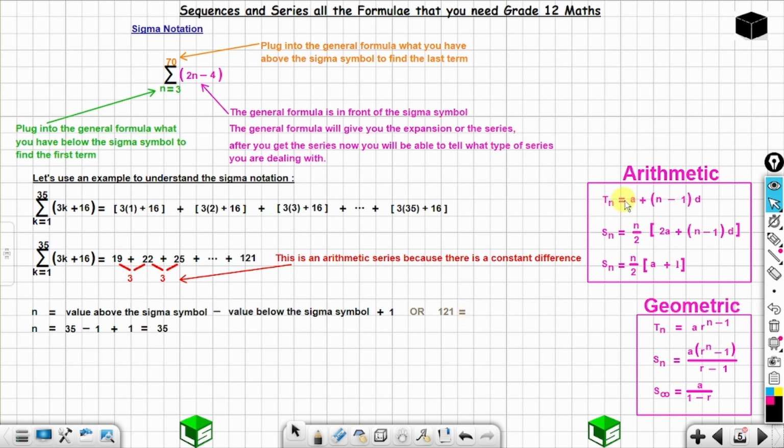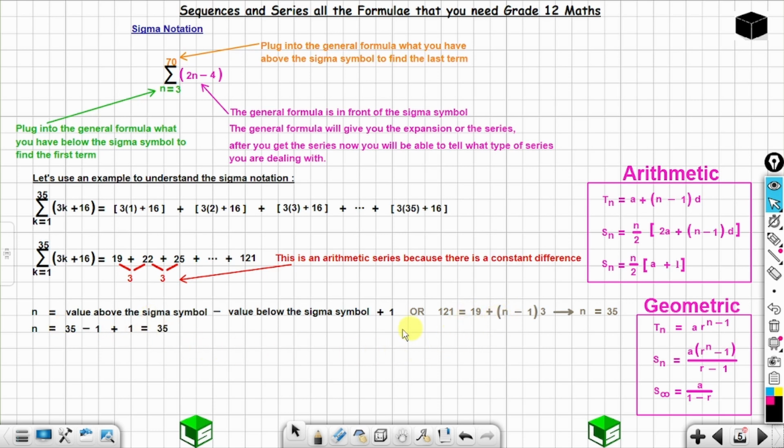This is equal to A, which is 19. Remember, A is always the first term. Plus, in bracket, n minus 1, times d. d is the common difference, which is 3. From this, you can solve for n. You are going to find n is equal to 35. So, you have two ways that you can use to find n.